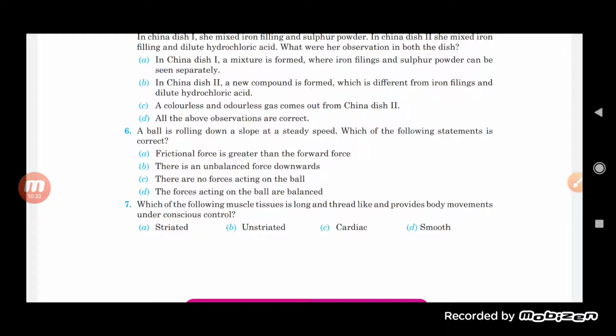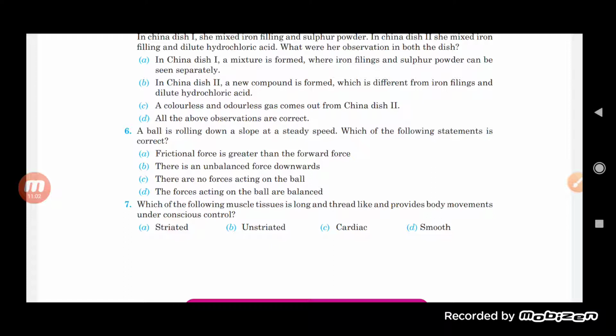Now see here. Frictional force is greater than the forward force? No, if that were so, the ball would not roll with a steady speed. There is an unbalanced force downward? No, this is also wrong. There is no force acting on the ball? If no force is acting, then it will keep moving.